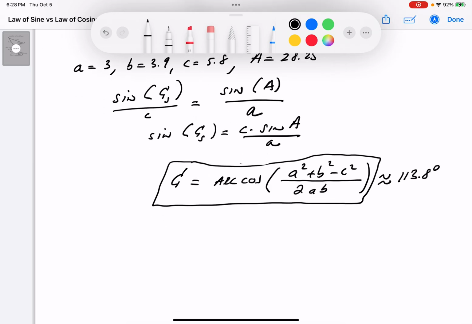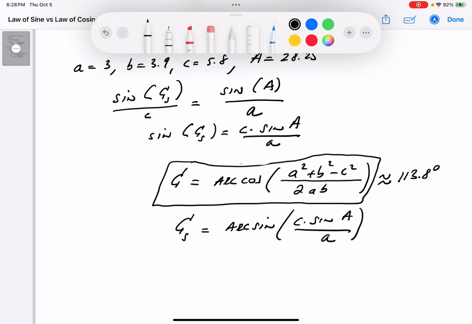I've got to take the arc function. So the supplement of C is equal to the arc sine of C times the sine of A over A.